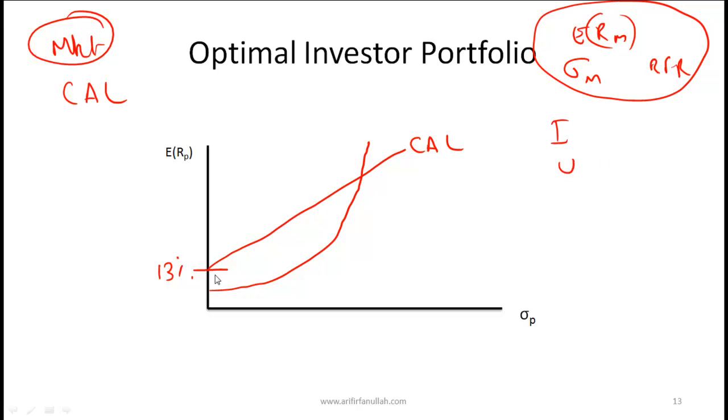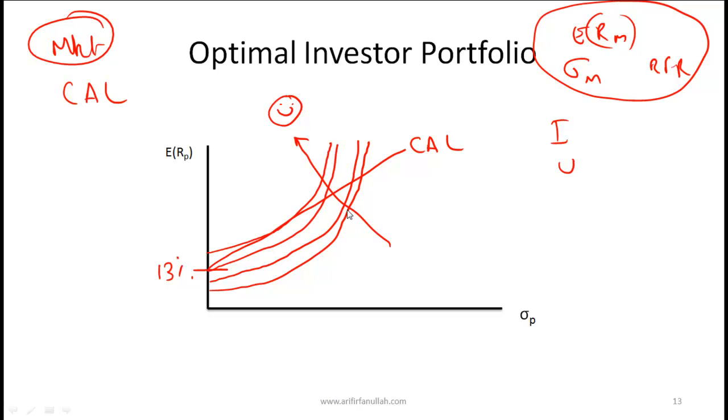For a given investor, we will have these utility curves that are parallel to each other. They will never intersect. If a given investor has utility curves that look like this, I also mentioned that the investor is happier the further up he goes on these utility curves.